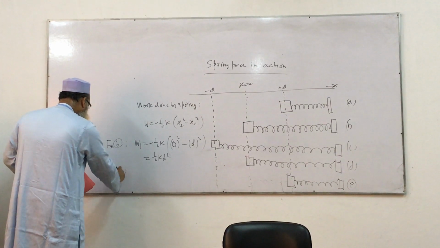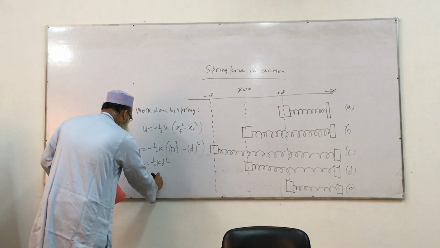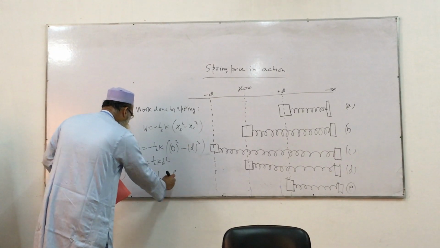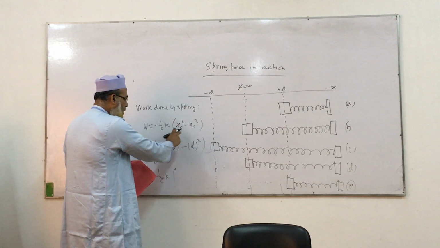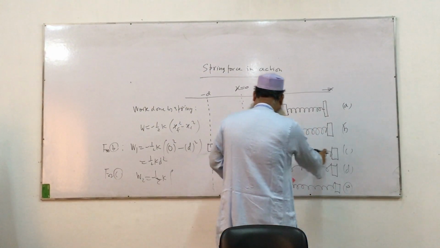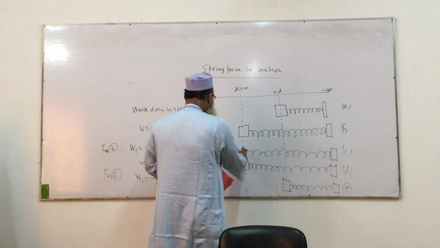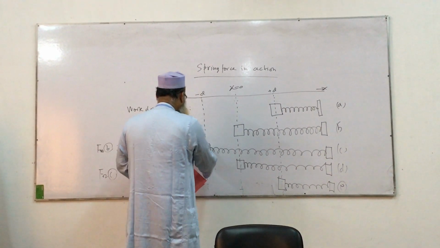For C, W2 is minus half K. I should not write this every time. For C, what is the initial position? x equal to 0. Final position is x equal to minus d.